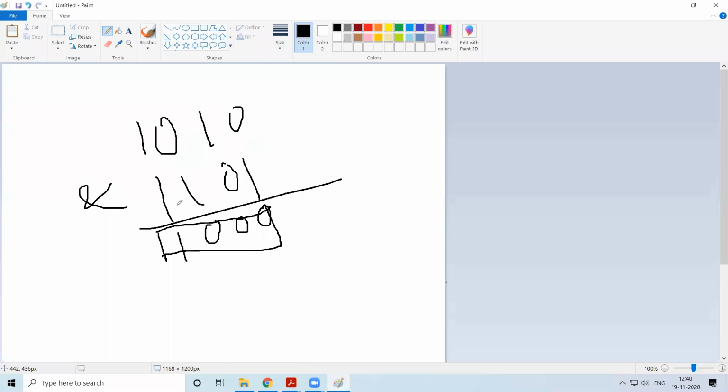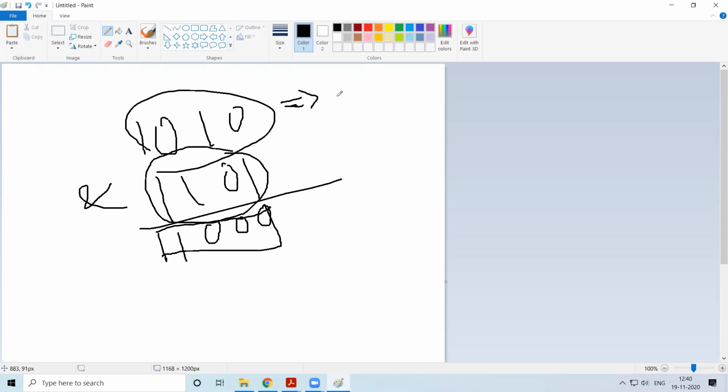Now if you want to perform logical ANDing of these two, I have to check whether these numbers are non-zero or zero. Here you can see that this is 1010, which is not equal to 0, so this is a non-zero value.